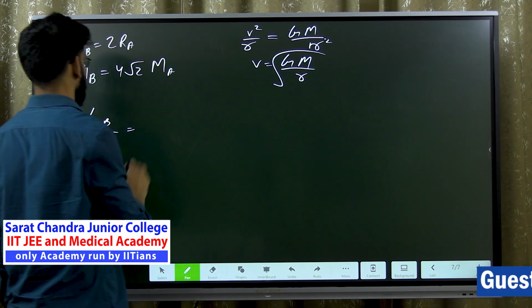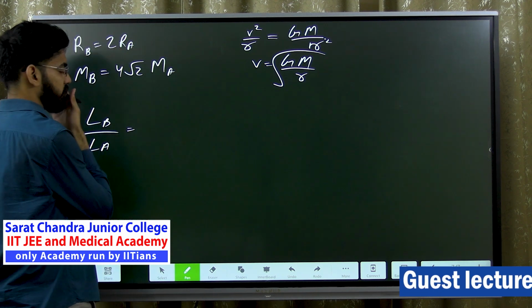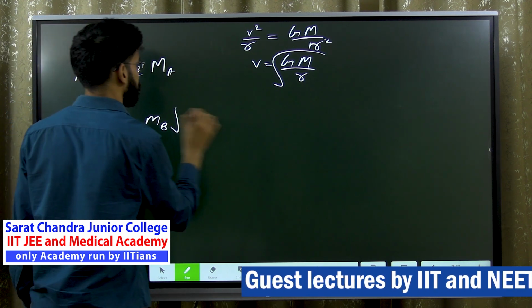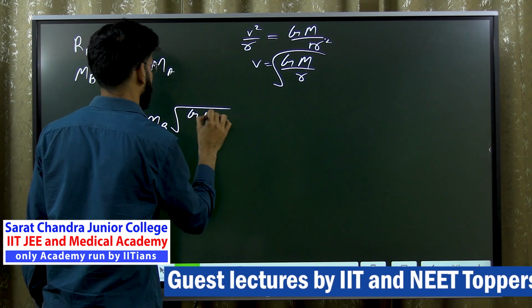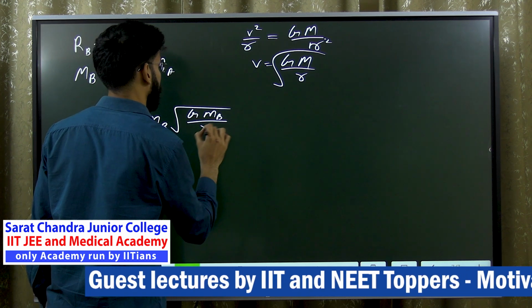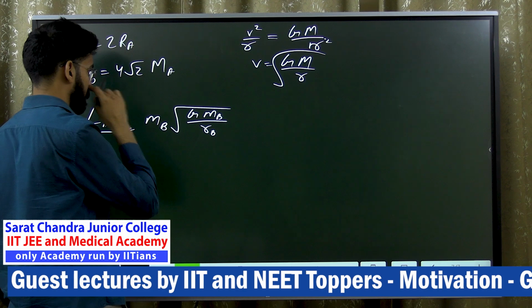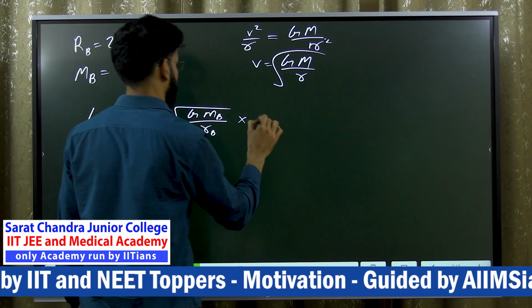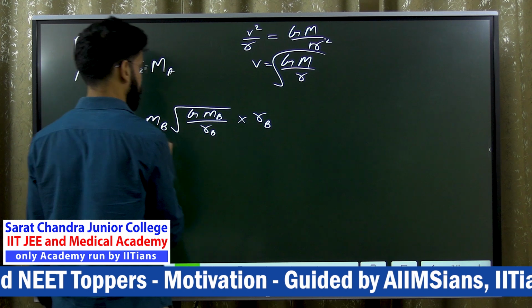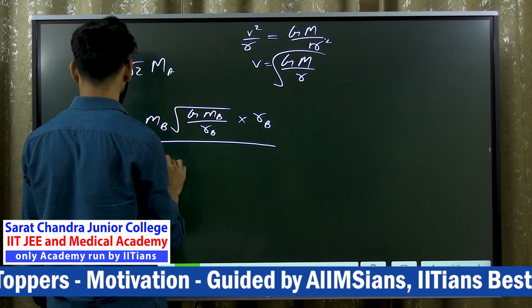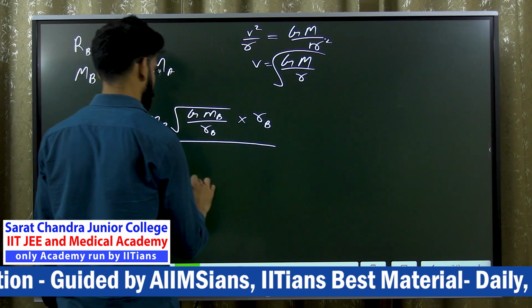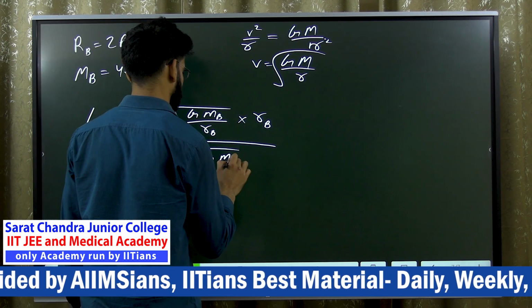So here angular momentum, when you write down, mass of B into under root of GMB divided by RB, radius of B into R, MVR, right, divided by MA, MV is how much, GMB.